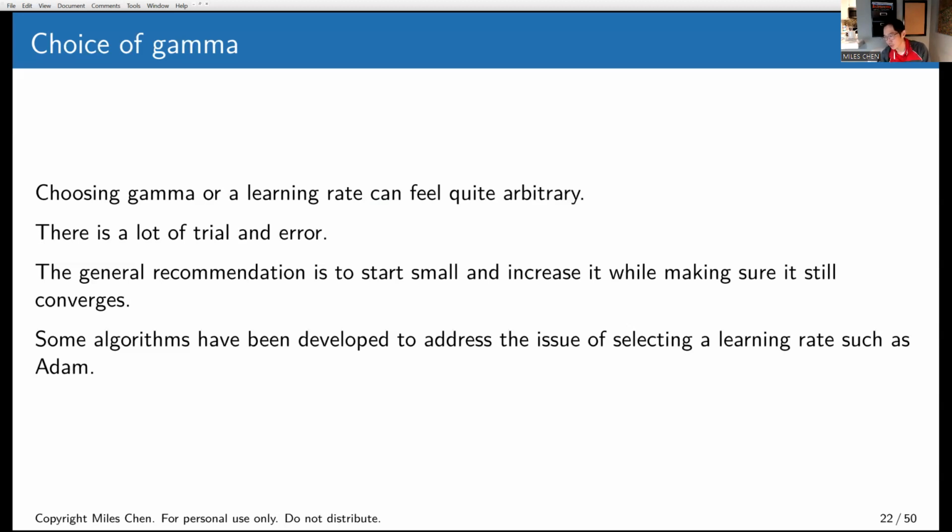There's a method called ADAM, and it tries to figure out this gamma value, this learning rate that's supposed to be used. But here we're starting off with just gradient descent, the most basic of these things, where we just pick an alpha and we go from there.